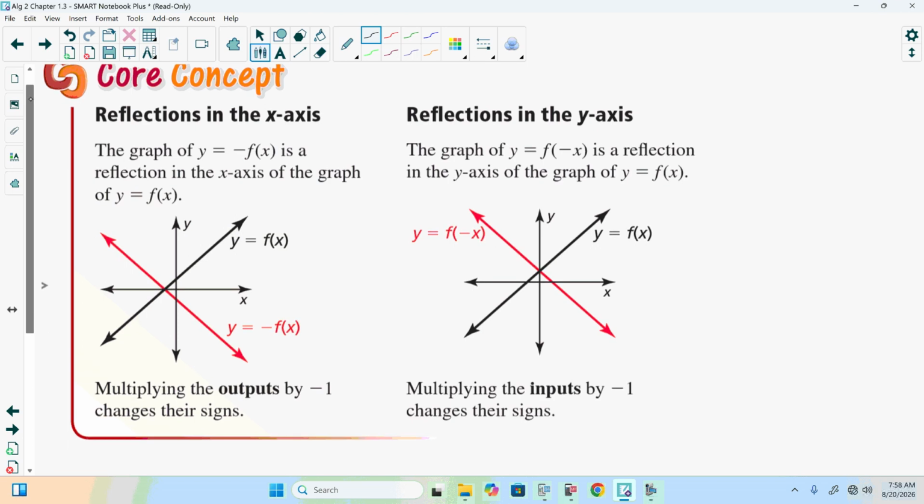Now the first thing we're starting off with today is reflection across the x-axis and reflection across the y-axis. Now for us to reflect a function across the x-axis, we're going to use the general form negative f of x.